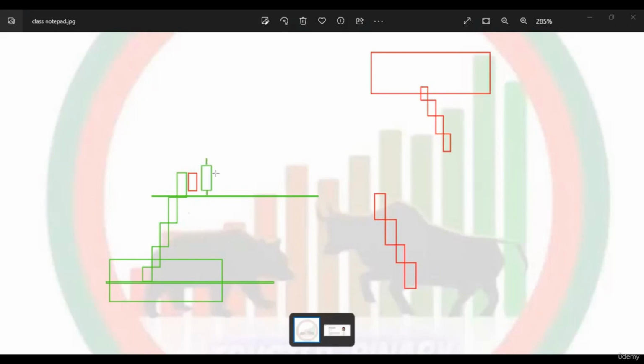So it's a single candlestick pattern. After a pullback, any strong bullish candlestick will lead the market in the upward direction. Yes. Now, if we take these two candlesticks, it's a bullish engulfing.